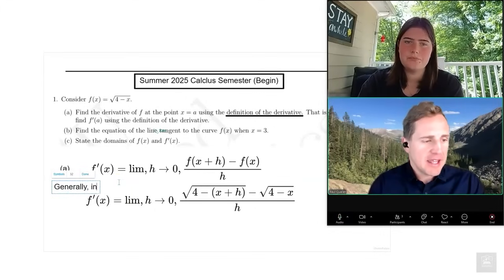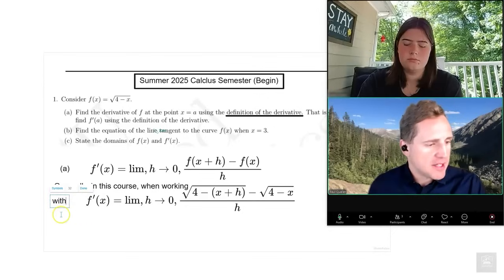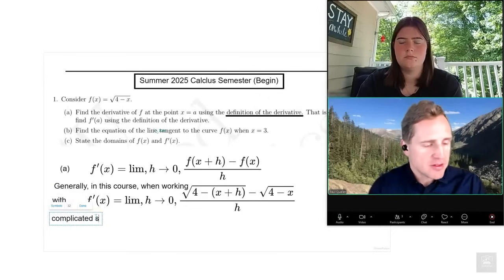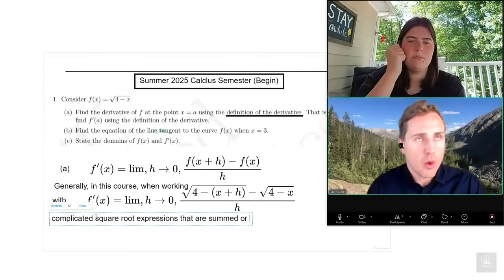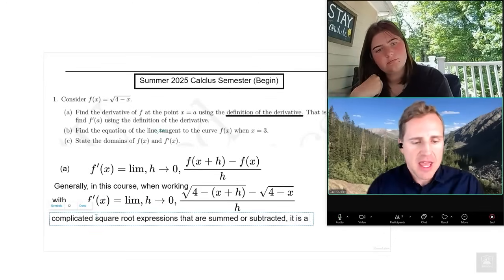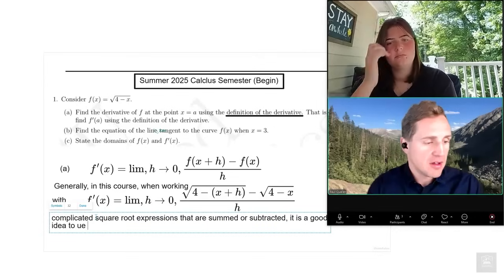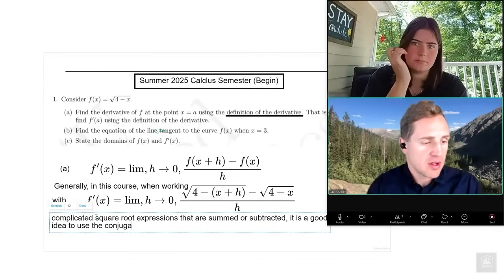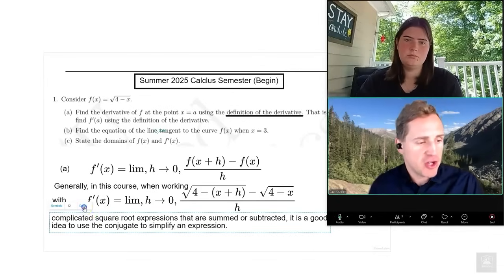Generally, in this course, when working with, let's say, complicated square root expressions that are summed or subtracted, it is a good idea to use the conjugate to simplify an expression. Okay, so that's just my general wisdom there.